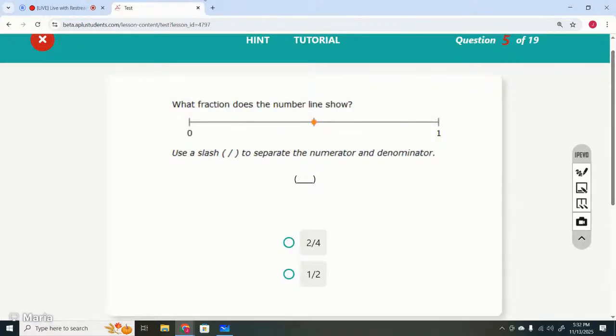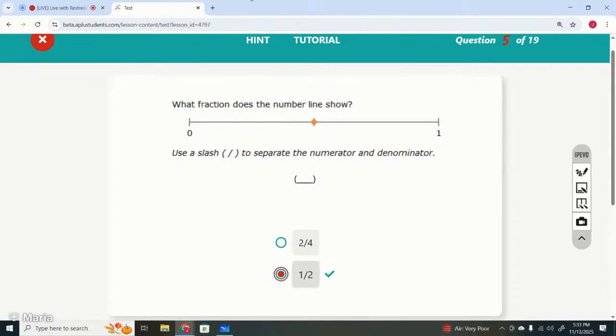What fraction does the number line show? So which is the correct option? That is 1 by 2.